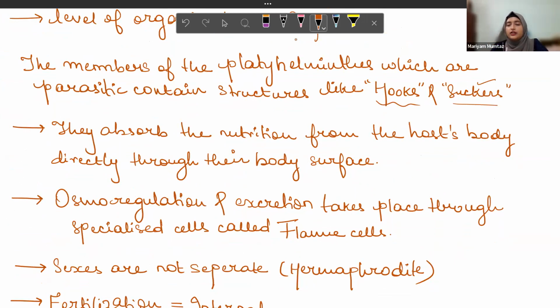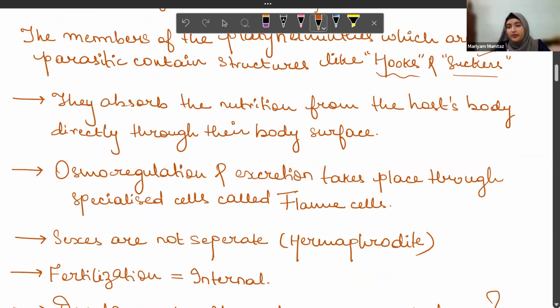Since they do not have to make their food or even derive nutrition in some sort of way, they have suckers so that they can suck the nutrition from the host body. So the presence of hooks and suckers are the parasitic characteristics that Platyhelminthes have.